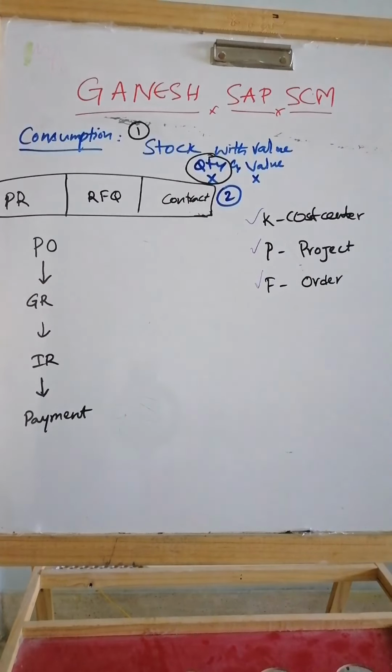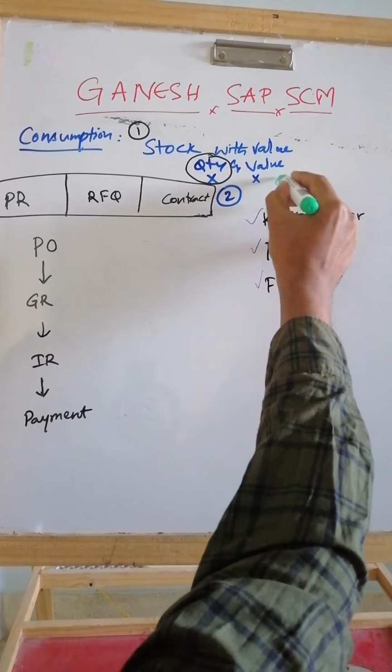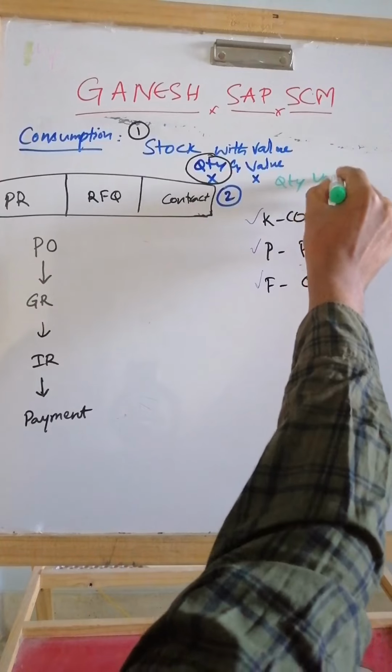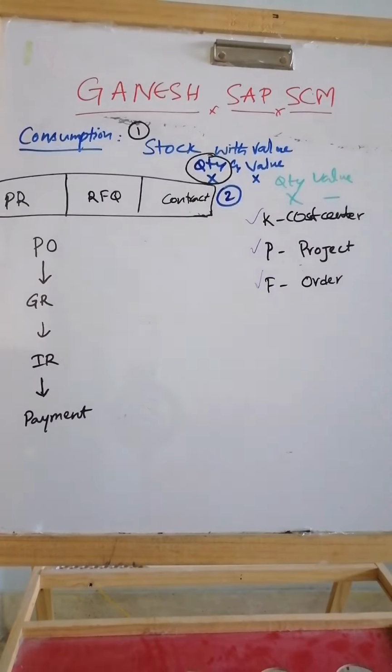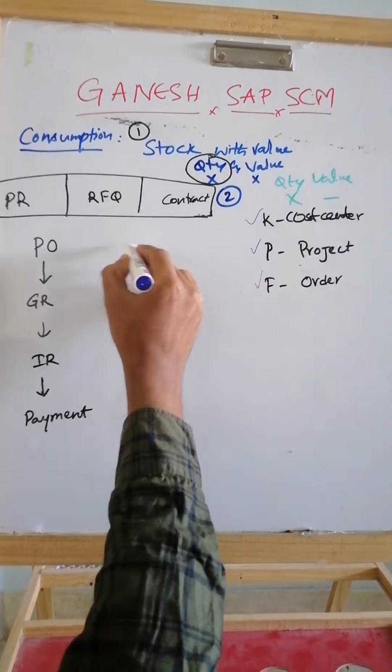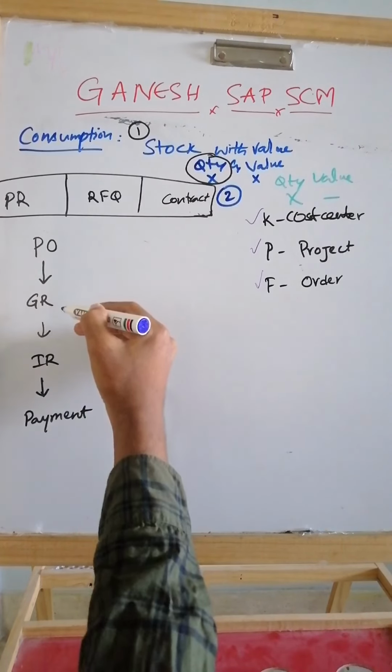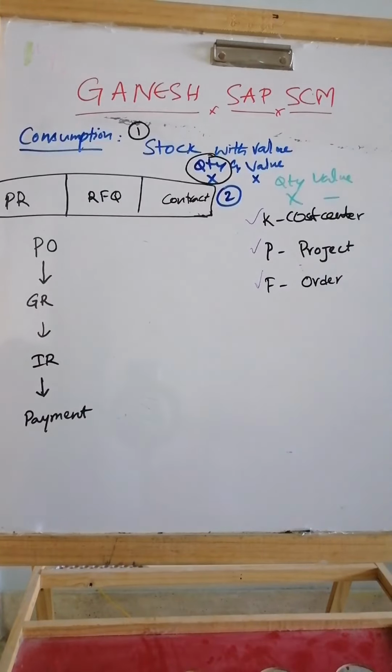Let's see a different color. Maybe case 2 will be quantity and value, where quantity is there but no value. Quantity flag is there but no value. In that case also, the same process will be followed: PO, GR, IR and payment.